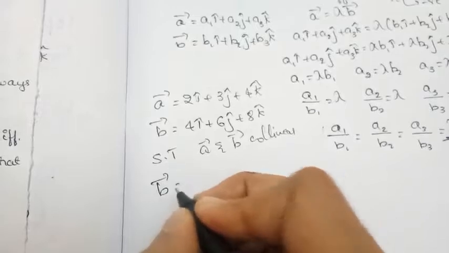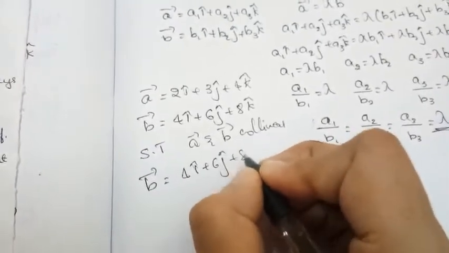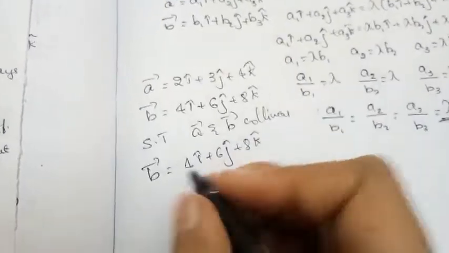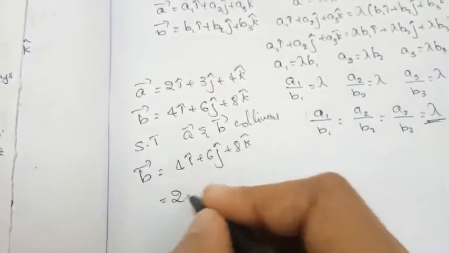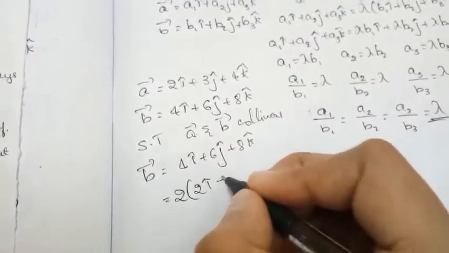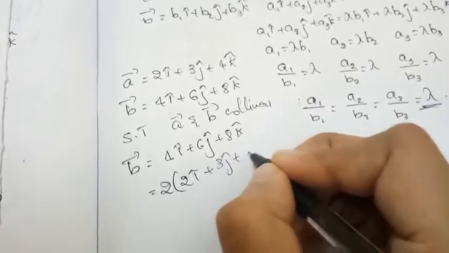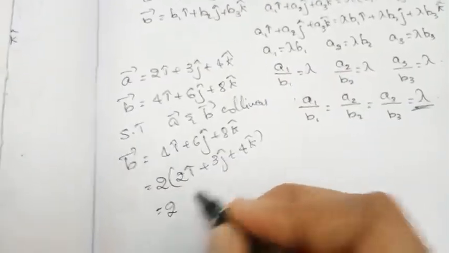Consider the vector B, that is 4i cap plus 6j cap plus 8k cap. From this, which has a scalar element, I can take 2 common outside. After taking 2 outside, we get 2i cap plus 3j cap plus 4k cap. What is this?